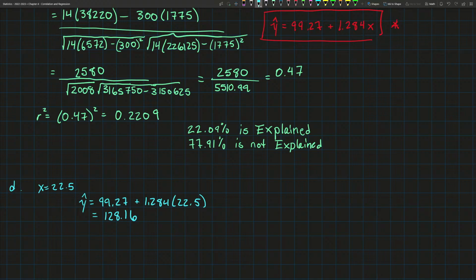But before I get to that last part, a couple of things to note. One, this prediction isn't great because our r squared and r values are not closer to 1. So this tells us a little bit of the story, but it doesn't explain everything.